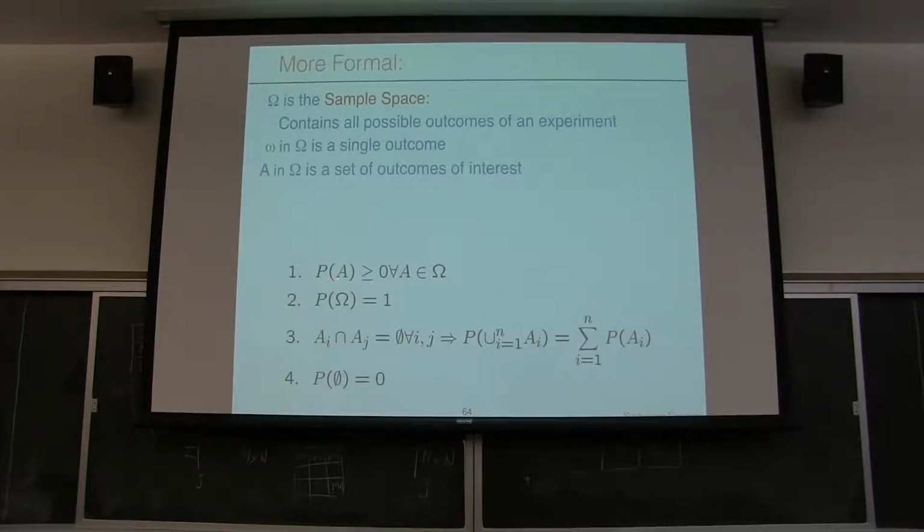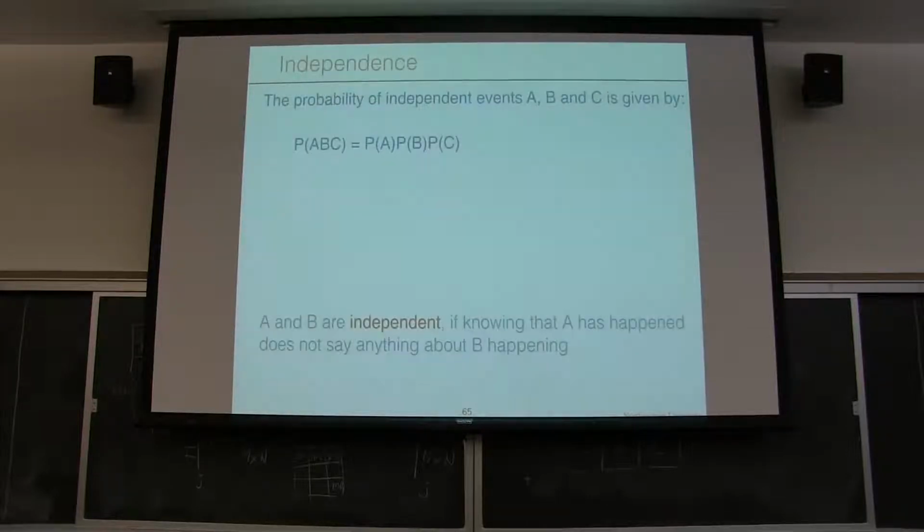First of all, probabilities are always positive, so always greater than or equal to 0. The probability of the universe is equal to 1. Something has to happen. If I have two subsets that are not intersecting, so the intersection is empty, then the probability of the union of these subsets is equal to the sum of the probabilities. And the probability of nothing happening is equal to 0. These are the axioms of probability.